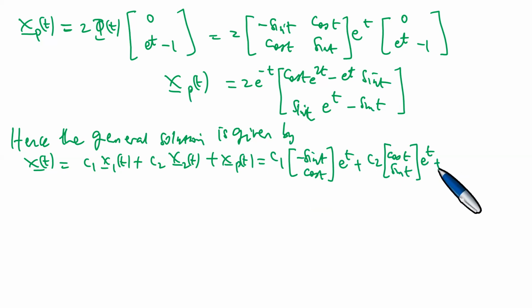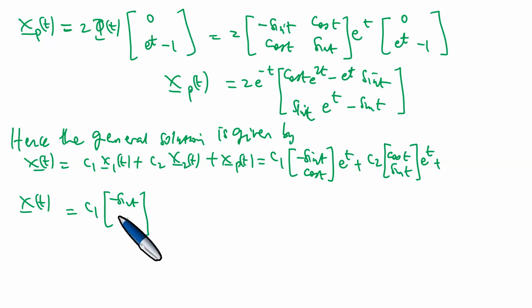Can I just write at the bottom here? Sorry. So that we have c1 minus sine t and cosine t, and then e to the t. I'm just writing exactly this here.